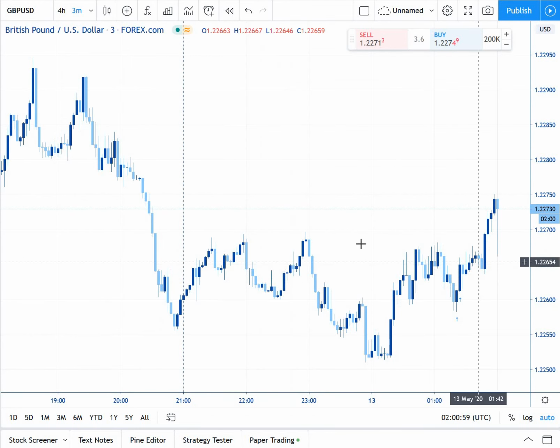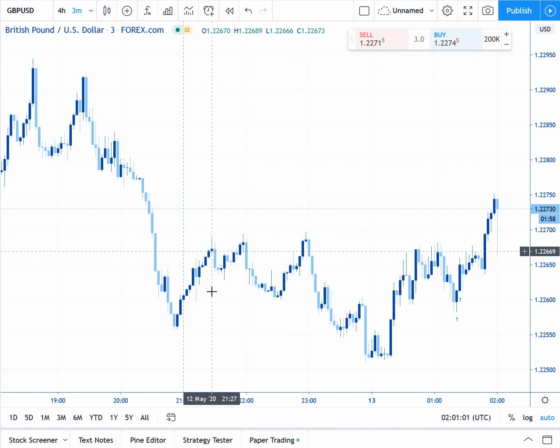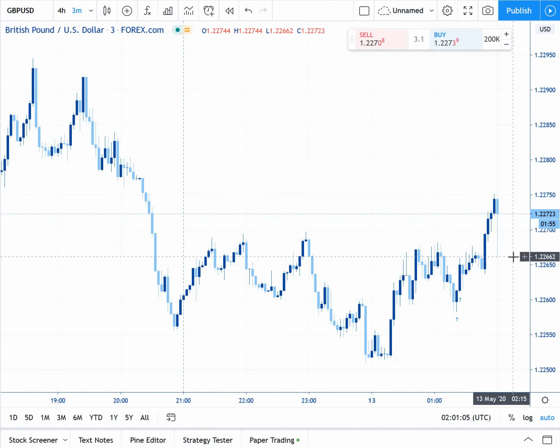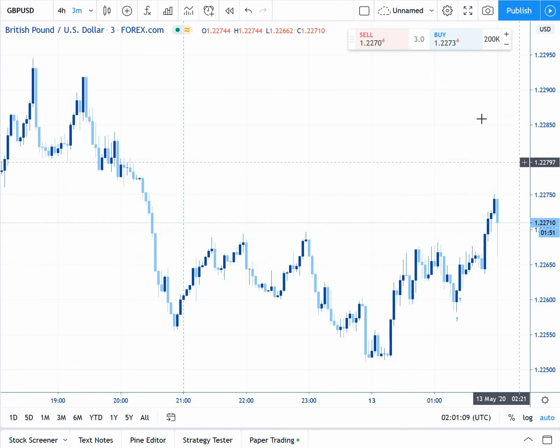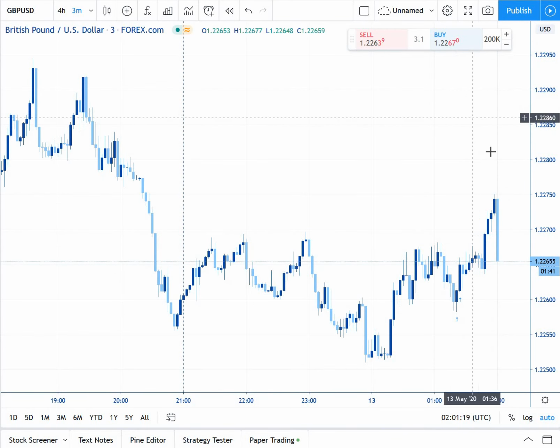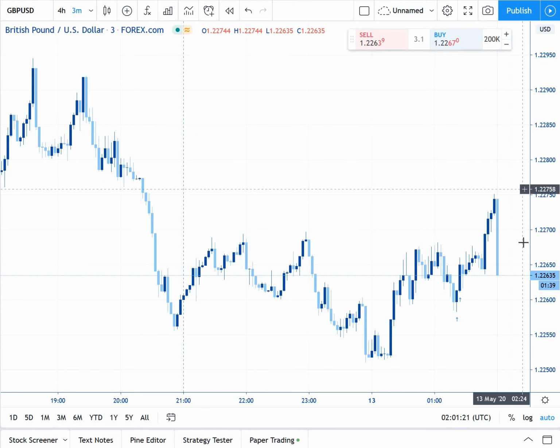This acts like a wall. When it came back down, it held. But if there is another rejection, I think it's going to go much deeper. So I expect it to go a little higher and then go back down.